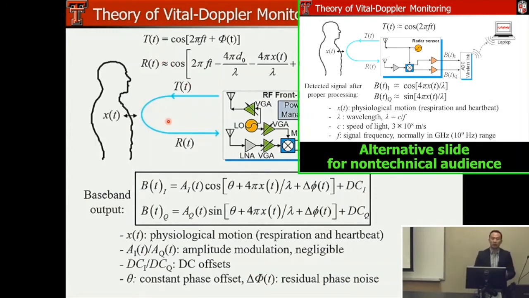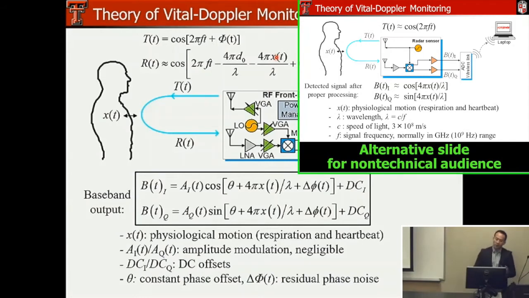Because of the physiological motion, respiration and heartbeat, this delay will be modulated by the motion x of t. On the receiver side, the received signal has a carrier frequency and a delay due to the nominal distance between the human subject and the transceiver, as well as the motion x of t.